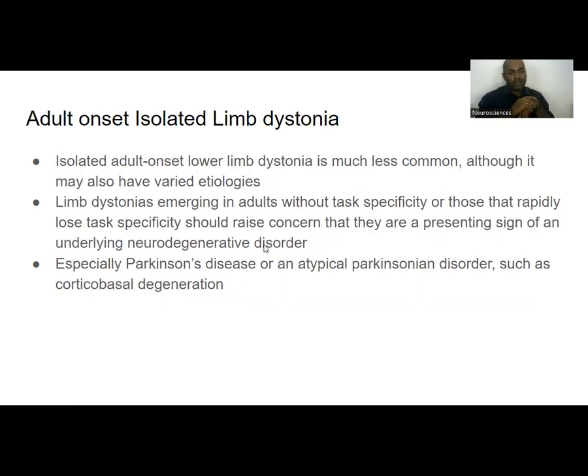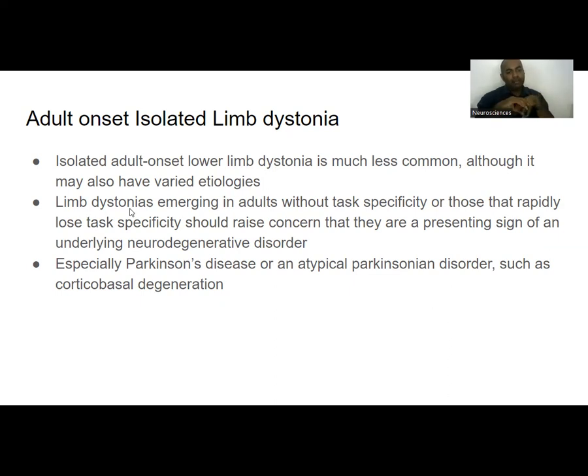So adult onset isolated limb dystonia. As we see, most of them are upper limb task specific dystonias. Isolated adult onset lower limb dystonia is much less common, and mostly it can be a feature of Parkinson's disease. If you see a patient with adult onset lower limb dystonia, then it may evolve into Parkinson's disease.